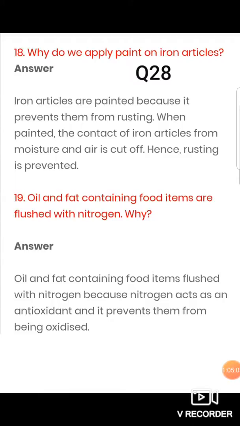Oil and fat containing food items are flushed with nitrogen. Why? Oil and fat containing food items are flushed with nitrogen because nitrogen acts as an antioxidant and it prevents them from being oxidized.